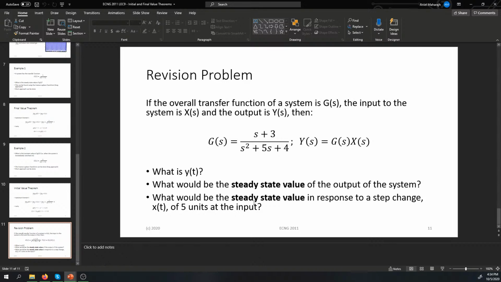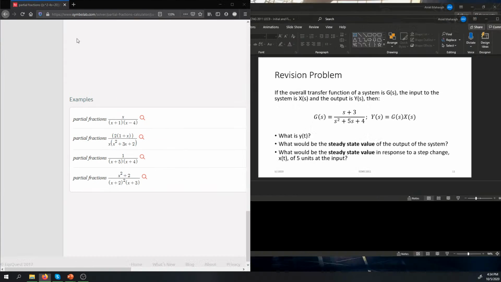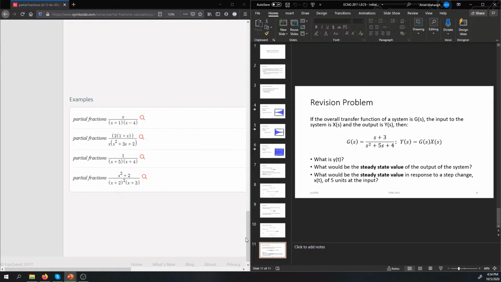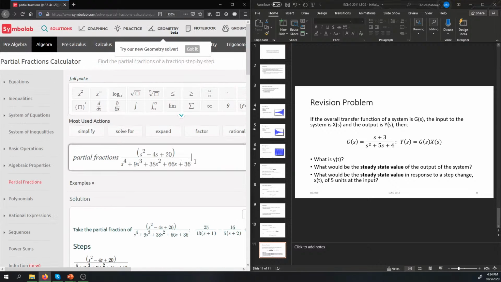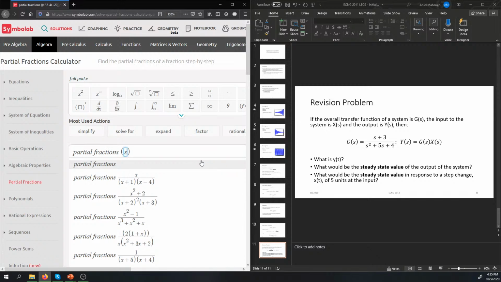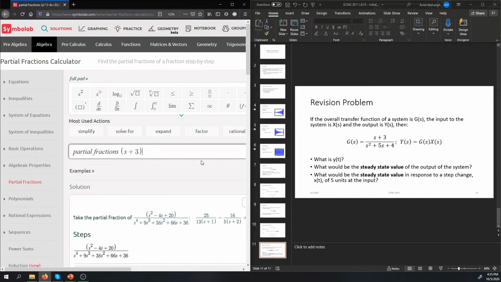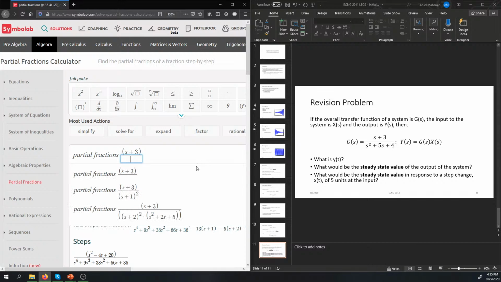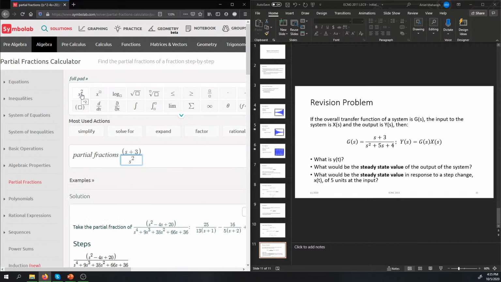Alright, so let's go back to our partial fraction calculator because we're going to need this to solve this. So pull this one slide here and put this here. So this is going to be s plus 3 on our numerator divided by s squared plus 5s plus 4.